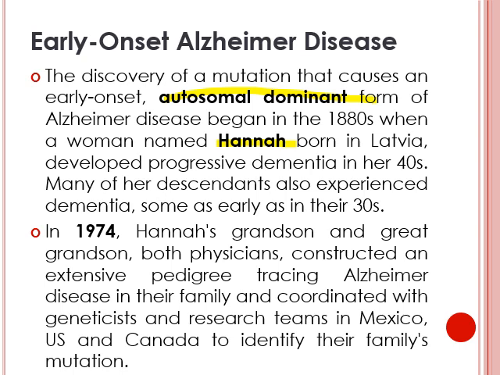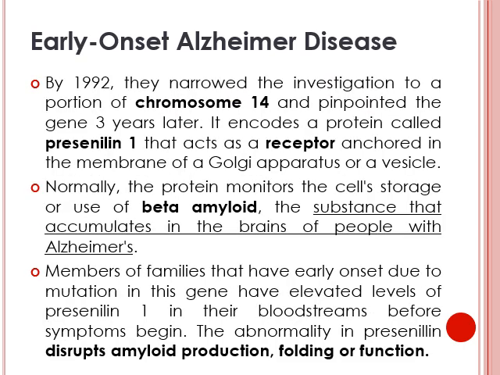Hannah's grandson and another relative, both physicians, conducted an extensive pedigree tracing Alzheimer's disease in their family. They narrowed the investigation to a portion of chromosome 14 and pinpointed the gene 3 years later. It encodes a protein called presenilin 1 that acts as a receptor anchored in the membrane of the Golgi apparatus or a vesicle.